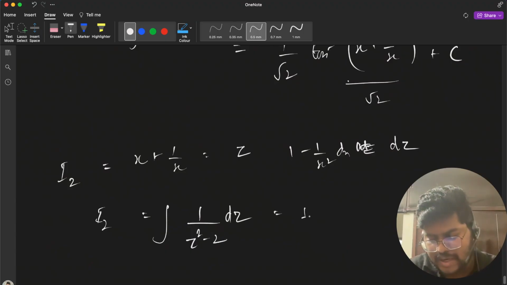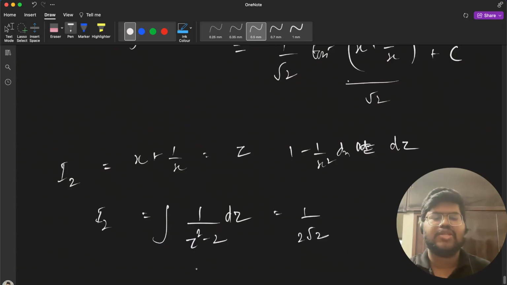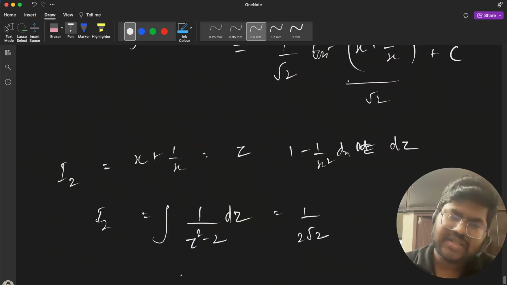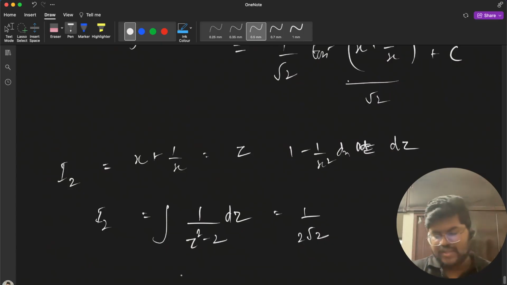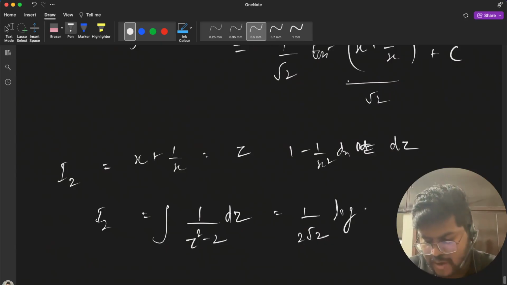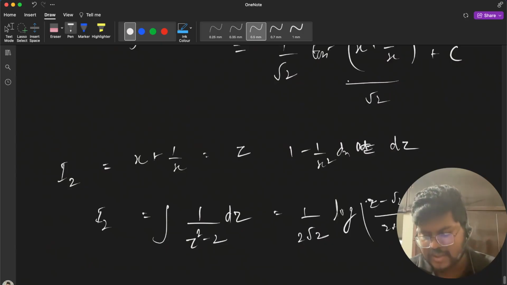Now it is a square minus x square form, and we very well know the integration is 1 upon 2a log of a plus x upon a minus x. So it is 1 upon 2 root 2 log of z minus root 2 upon z plus root 2 plus c.